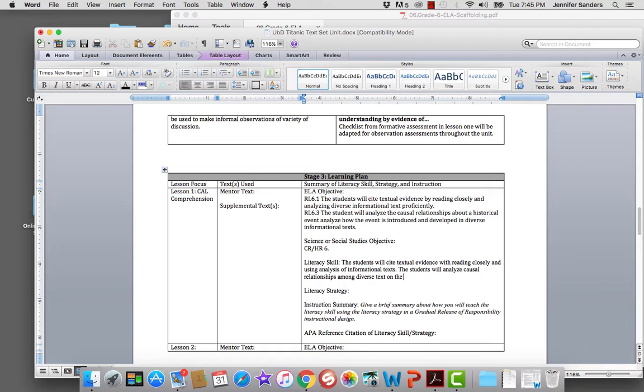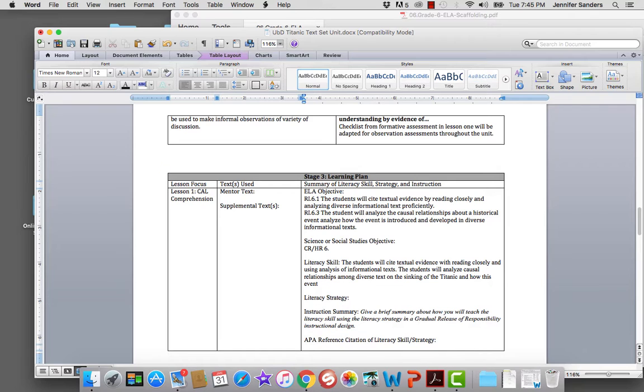On the sinking of the Titanic and how this event is introduced and developed within and among the text.